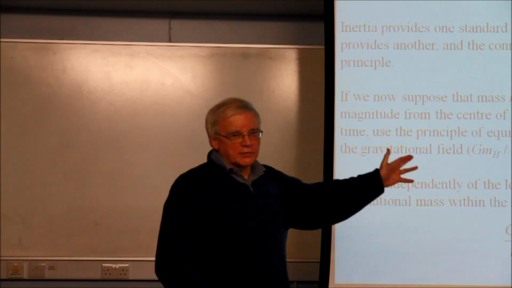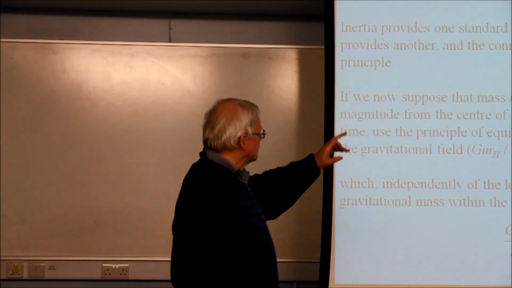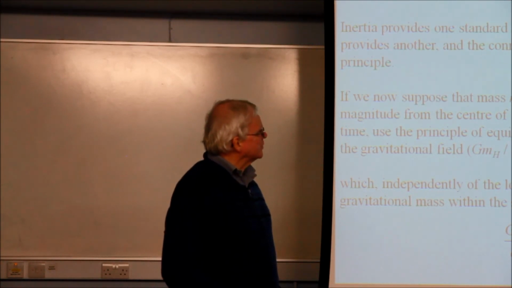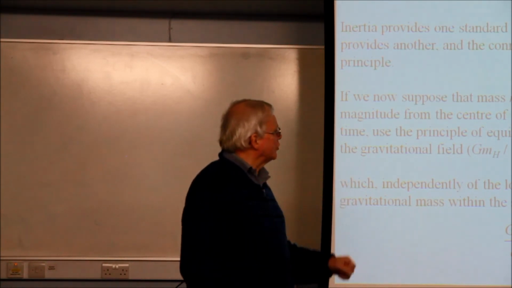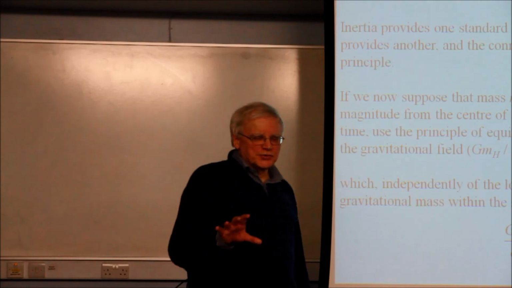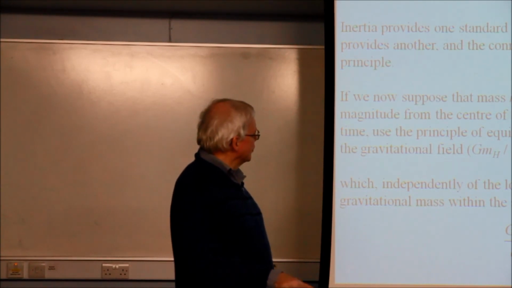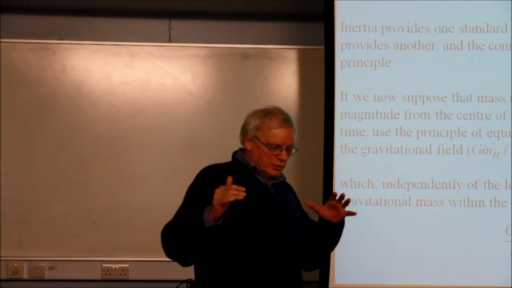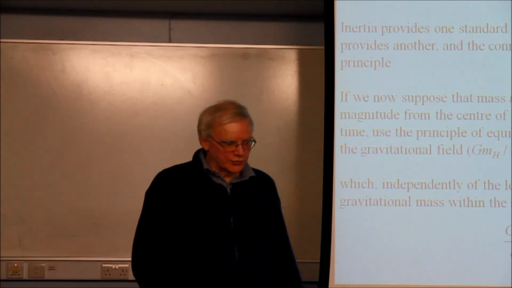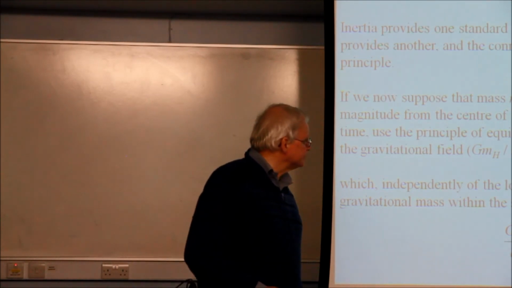And we can make the connection via the equivalence principle. Let's suppose that the Hubble mass defines a radial field of constant magnitude from the centre of the local coordinate system. At the same time, we equate the magnitude of this mass to the gravitational field inside the Hubble radius, in other words G mh over rh squared.